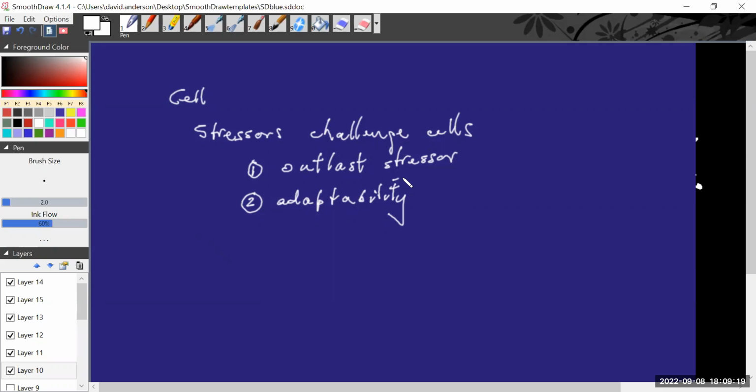Calluses represent the epidermis of your skin adapting to that chronic rough stress. Added layers in the epidermis will toughen and resist that stress. Now, both of these mechanisms that cells utilize are reversible.